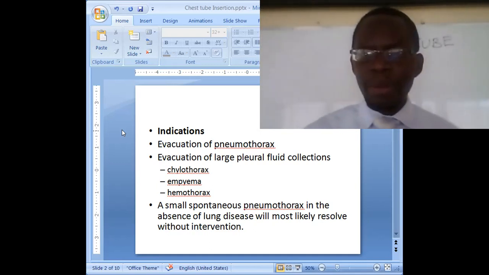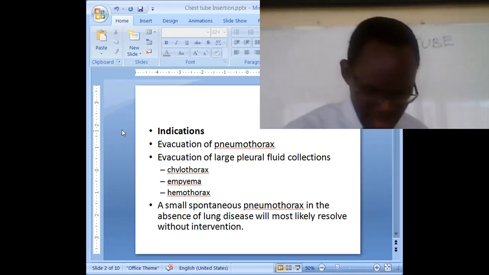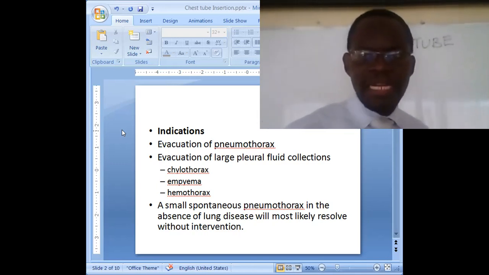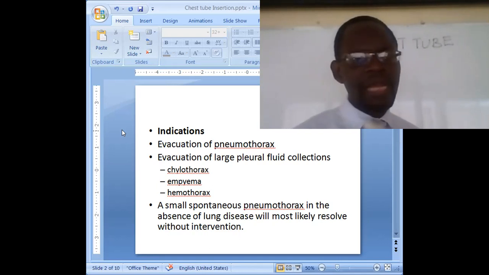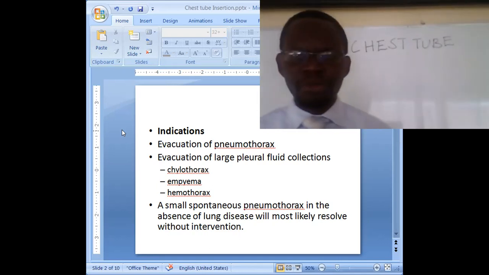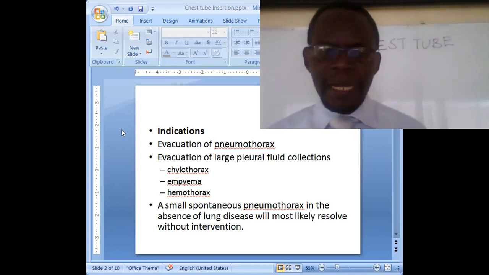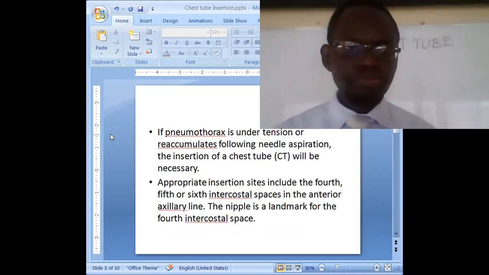And remember, we talked about spontaneous pneumothorax. If it is small and not very big, then it can resolve or dissolve by itself, so you basically don't need to insert a chest tube.